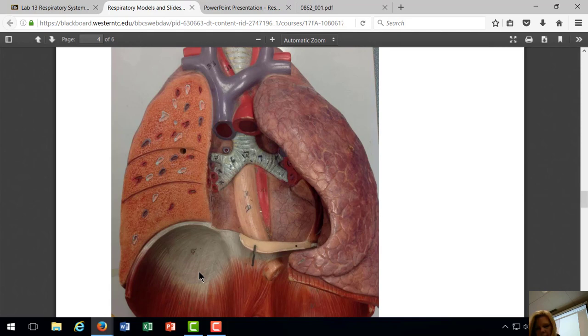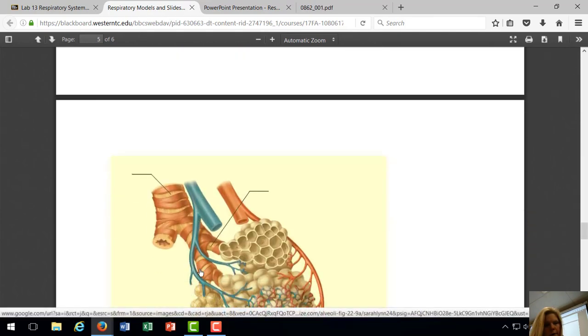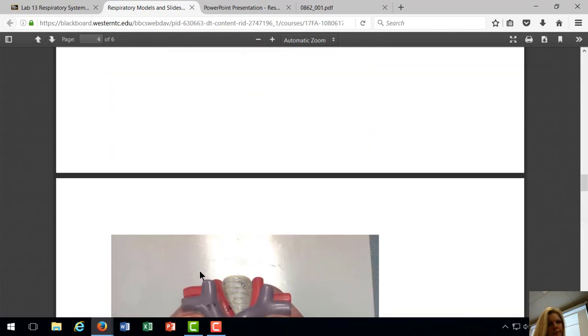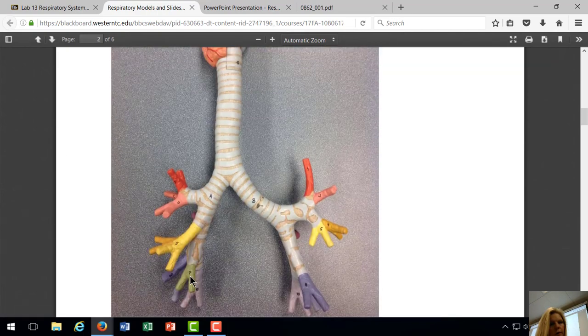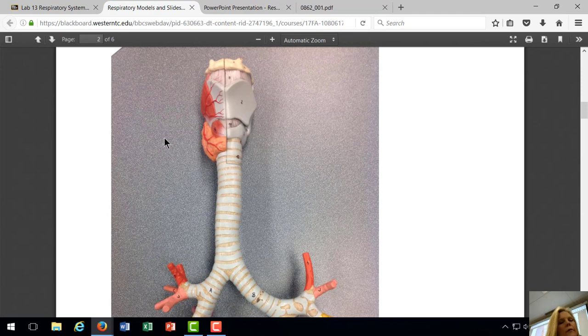So if we zero in on the trachea, going back up here, we have the larynx we talked about. Then we have the major airway called the trachea, and that is surrounded by C-shaped cartilage. So this is completely cartilage in the front, and then in the back it ends.